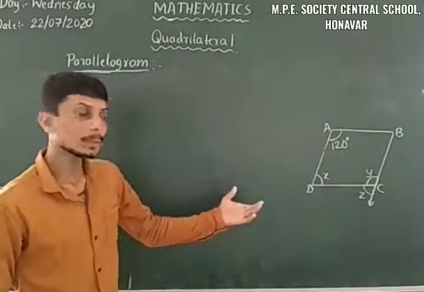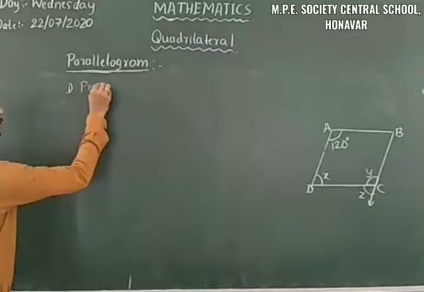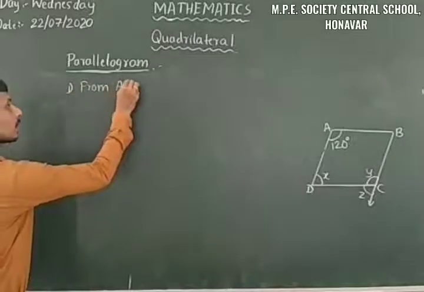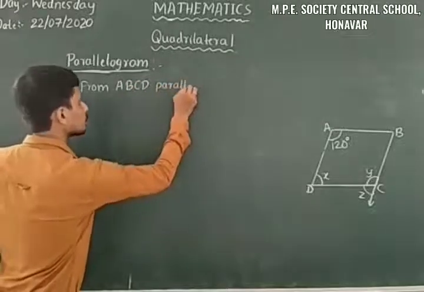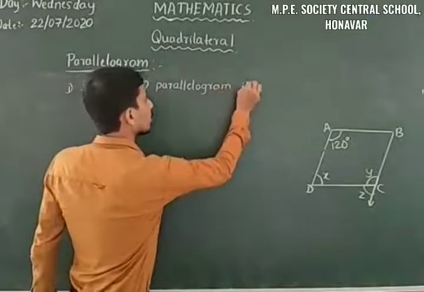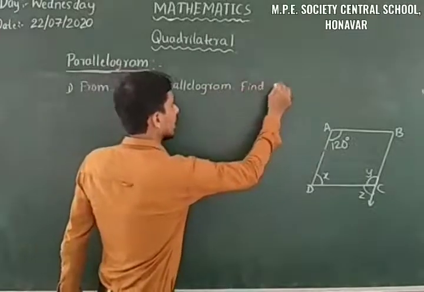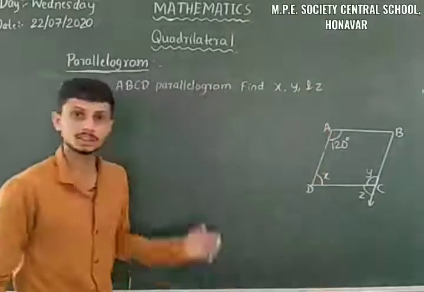So the problem is: from the given parallelogram ABCD, find x, y and z. So this is the question.